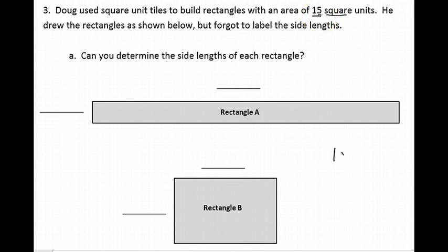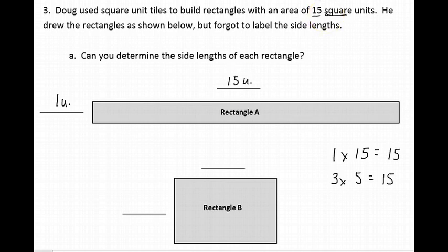I know that 1 times 15 would equal 15. I also know that 3 times 5 would equal 15. Looking at the shapes, it seems logical that rectangle A would be 1 times 15 because it's showing a fairly small width and a very long length.